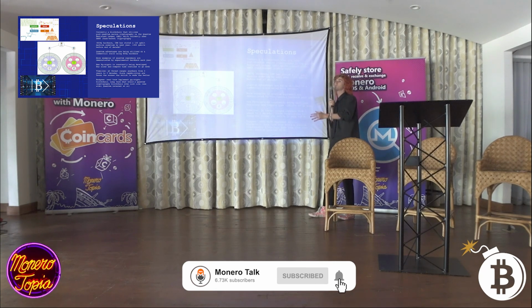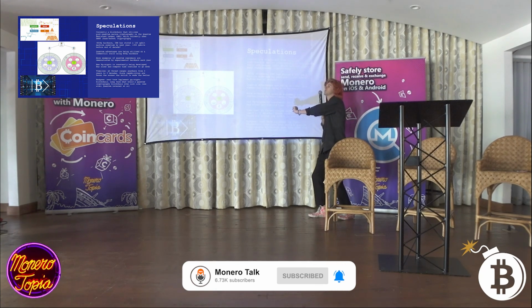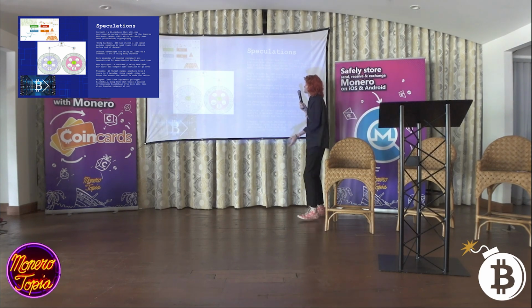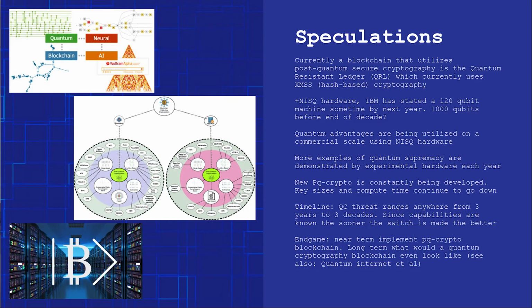So it costs more money to run it on a supercomputer than on a quantum computer in a few small cases. So it is finding some industrial applications, which is really interesting right now. More examples of quantum supremacy are demonstrated by experimental hardware every year. This is stuff that a classical computer couldn't do in 10,000 years, sort of a deal. And different examples keep on coming, but nothing too extreme in my knowledge, at least yet, that's publicly available.